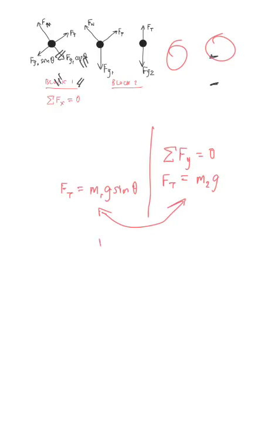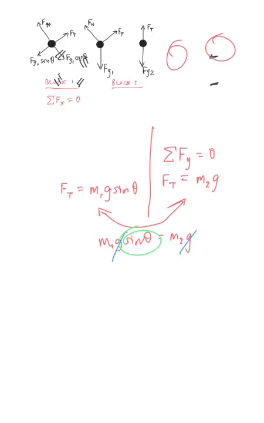So, for that, we have m1g sine of theta is equal to m2g. Notice that we have a g on both sides of the equation, so we can cancel that out. So we have m1 sine theta is equal to m2, and just by looking at this equation, since theta is equal to 30, we know that this part right here, the sine of theta, has to be a number less than 1.